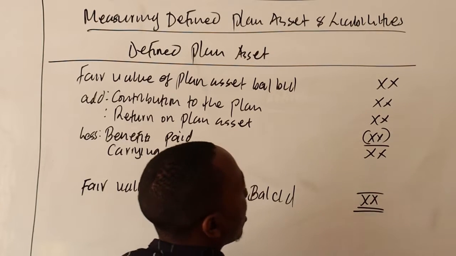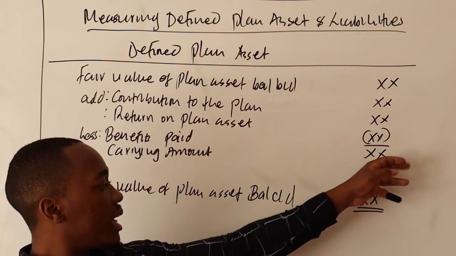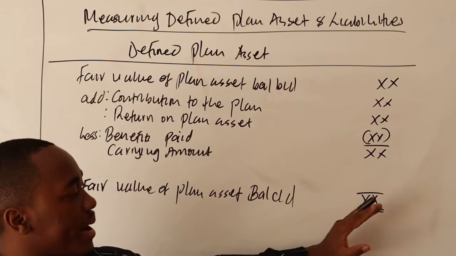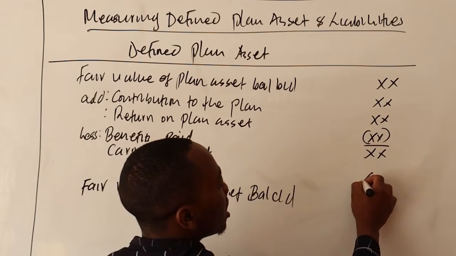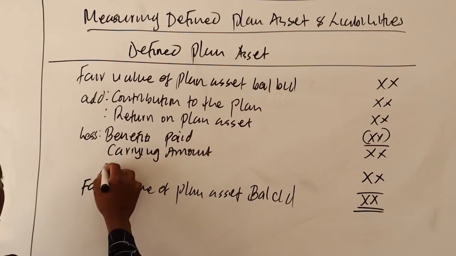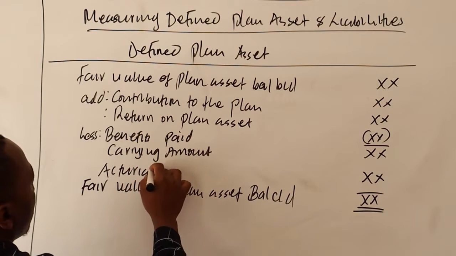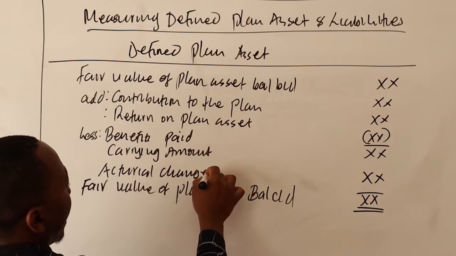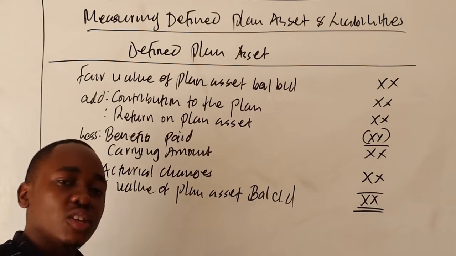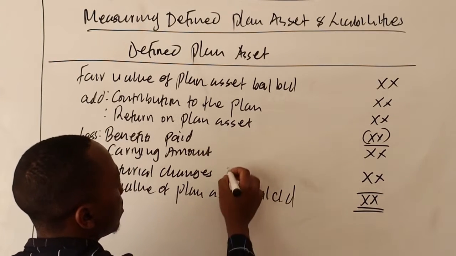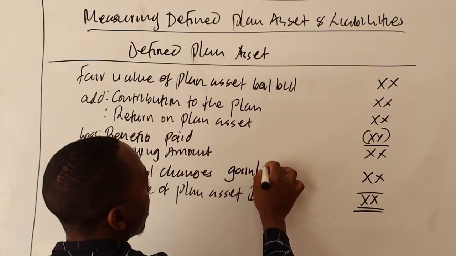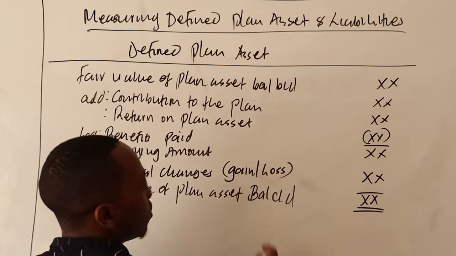So the difference between the carrying amount and the fair value balance carried down is what we call actuarial changes. Now actuarial changes can either be an actuarial gain or an actuarial loss.